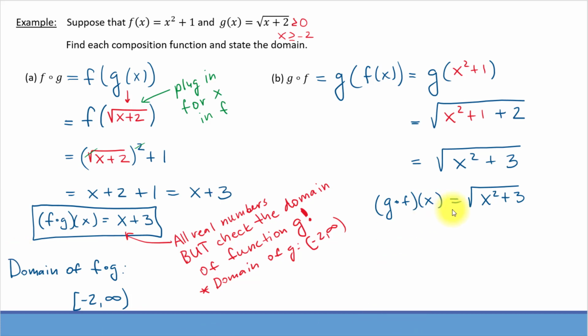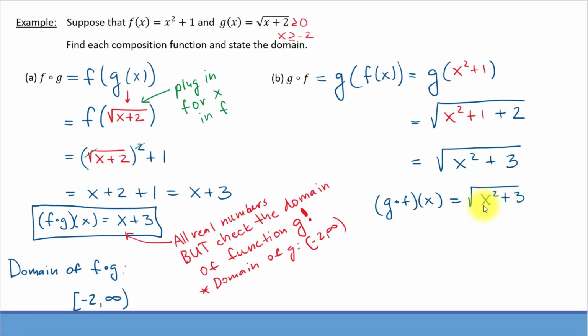And as you can see, the result is different compared to when we composed functions f and g in that order. Now, what is the domain of this function? Once again, first we focus on the domain of the resulting function. And it's a square root function, and we just said that when we have a square root function, we want to make sure that the expression inside the radical stays positive or 0.